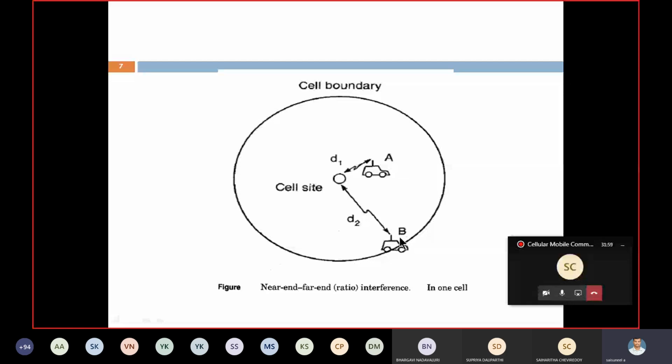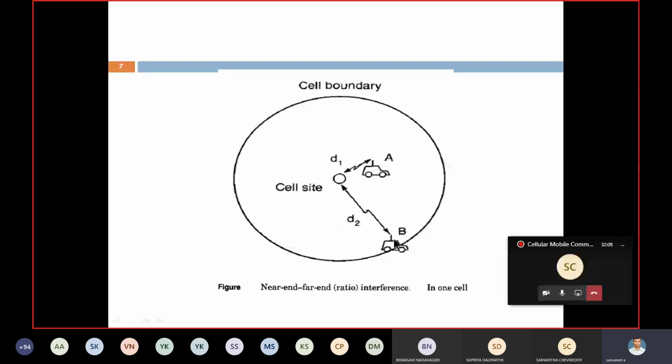Mobile unit A is near to the base station. Mobile unit B is far from the base station antenna. The distance between mobile unit A and the base station is D1. The distance between mobile unit B and the base station is D2.